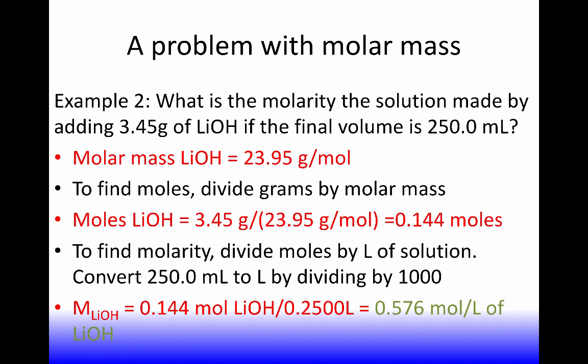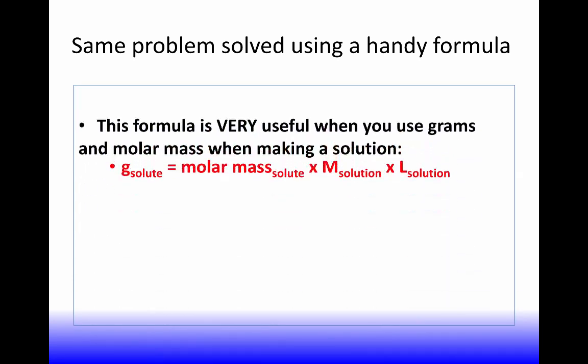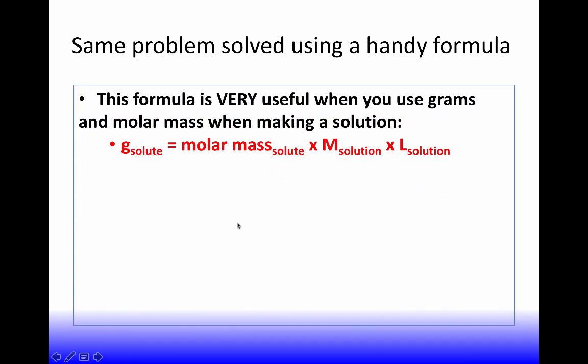Pretty straightforward. Now, here's another way to solve this problem using a handy formula that I created for you, okay? Whenever you have grams and molar mass and you're making solutions, you can rearrange the equation to be grams of solute equals molar mass of solute times molarity of solution times volume of solution in liters.